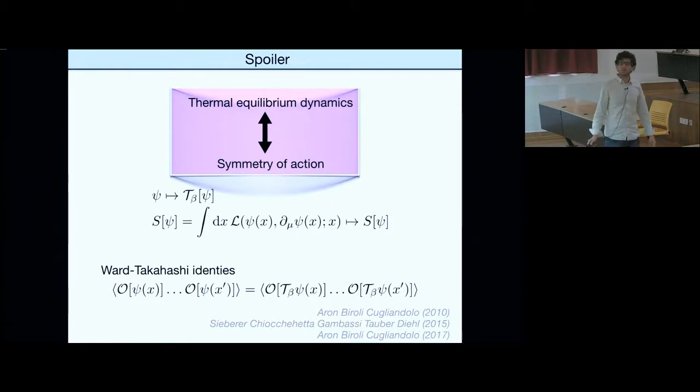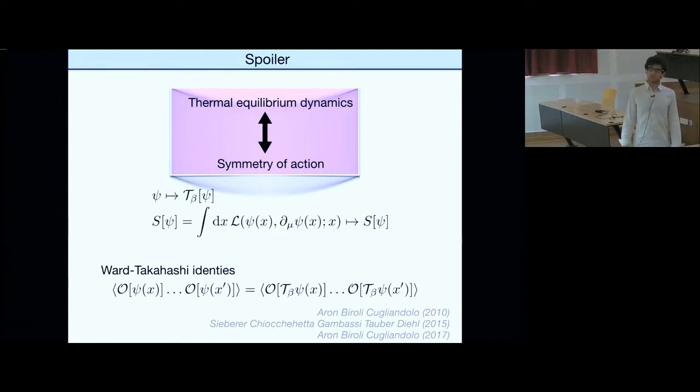So think of a system described by some field psi. That can be bosonic, fermionic, classical, whatever you want. In principle, you're able to write down some action functional, that is a function of this field, typically the integral of a Lagrangian, that describes not only the system, but the way that the system evolves in time, right?